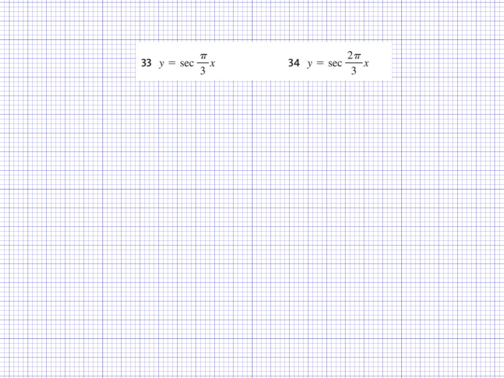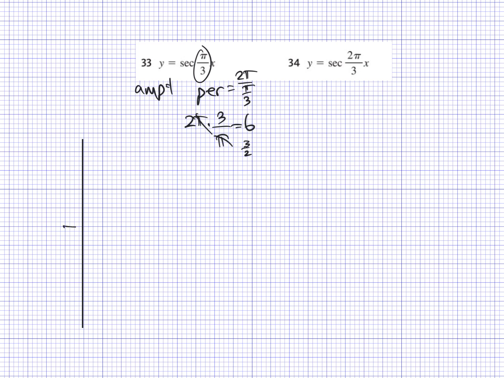All right, 33, again, secant, and we have pi over 3, so the amplitude is still 1. And the period is 2 pi over pi over 3, which is 2 pi times 3 over pi, which is 6. And we have to divide that into fourths. If you divide that by 4, we get 3/2. So each increment is 3/2. And we're not shifting again, so this makes it a lot easier to draw. Starts at 0, and our amplitude is 1, so again, 1 and -1.